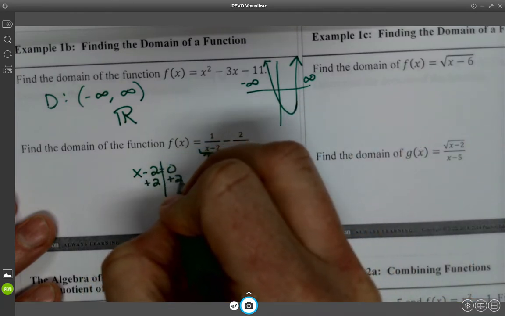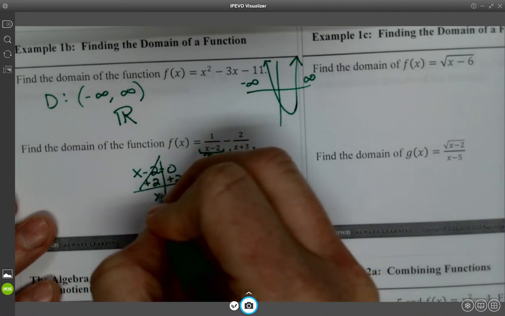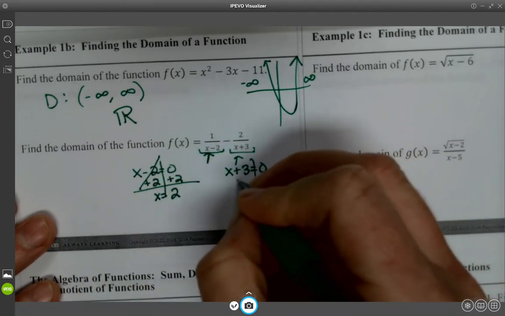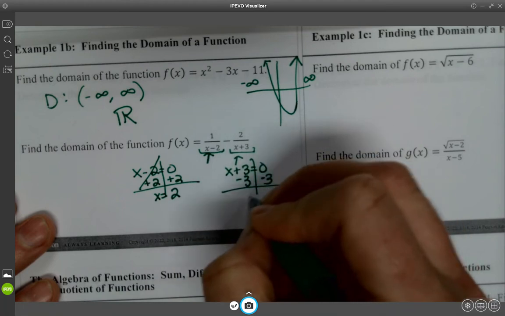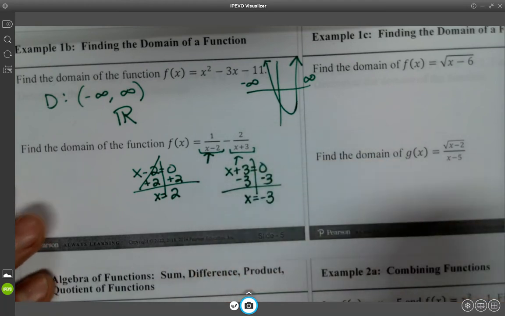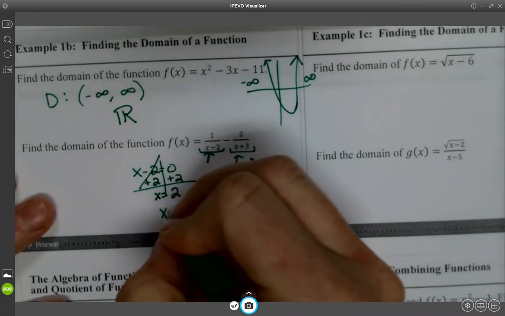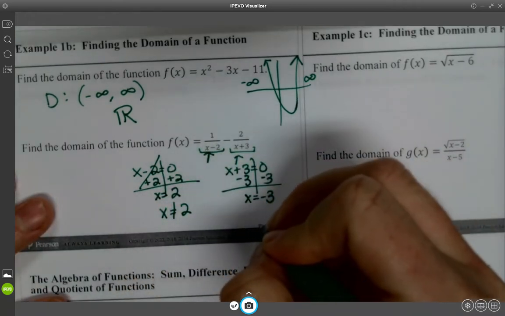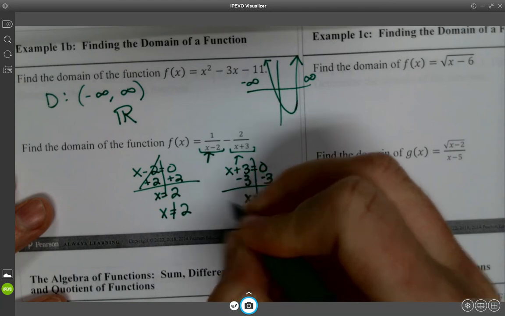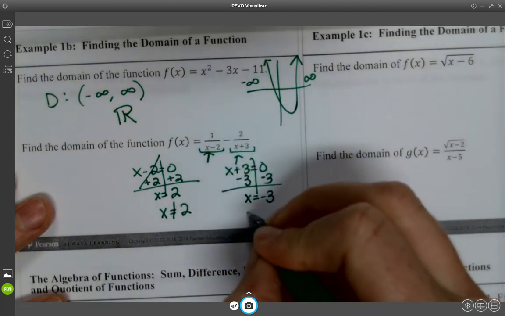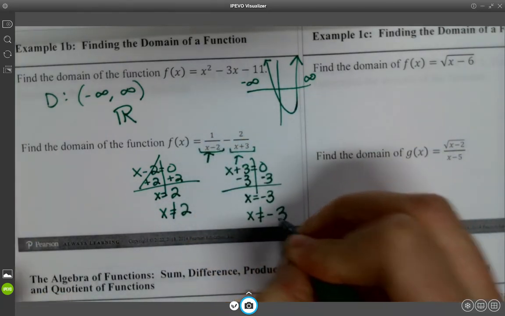Plus 2, x equals 2. Minus 3, x equals -3. So what this means is we don't want it to equal 0. So x cannot equal 2 because that would make the denominator 0, and x cannot equal -3.